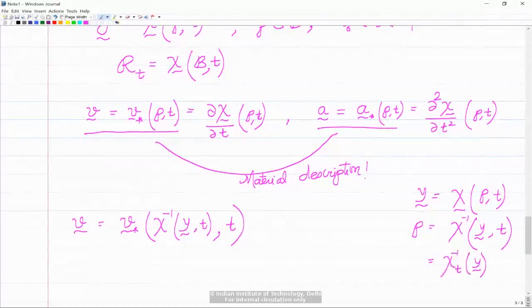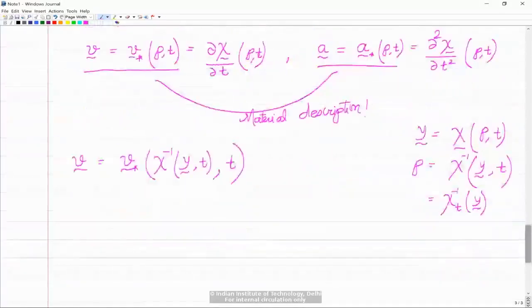It is important to take the inverse at a time t because at 2 different times at the same location y, you may have 2 different particles.